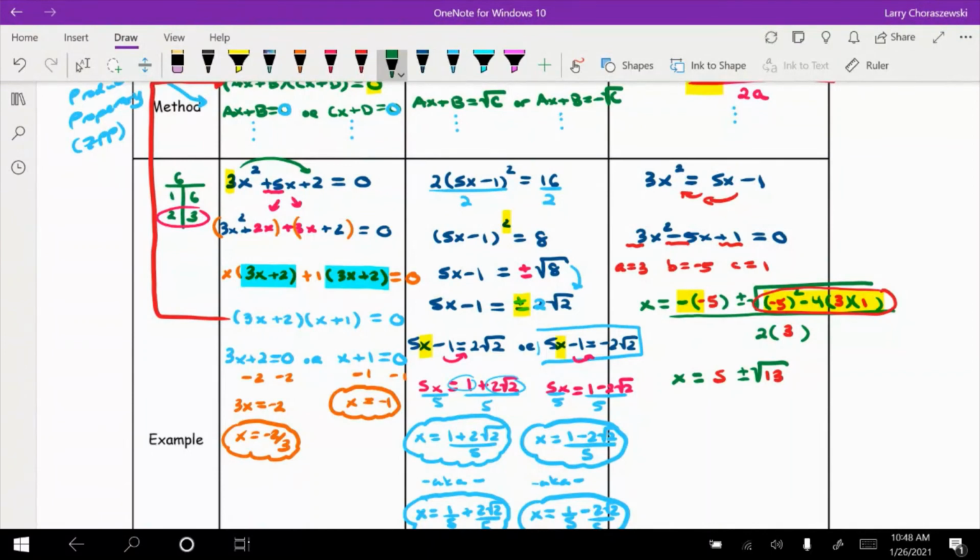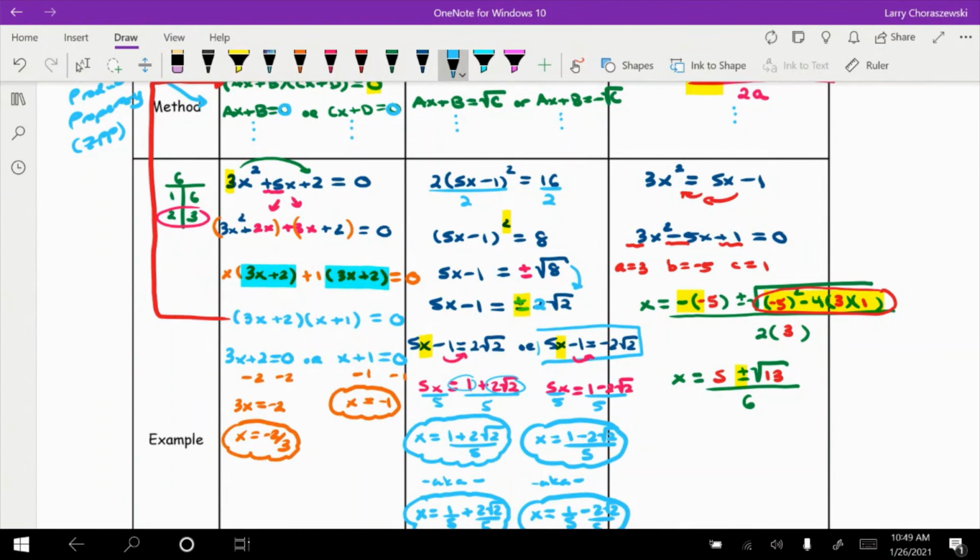And then this is going to be all on top of 2 times 3, which is 6. Now in some cases, the radical simplifies. Since the radicand is 13, though, the square root of 13 won't simplify any further. And you'll notice that there are actually 2 answers for x here by virtue of the plus or minus symbol.